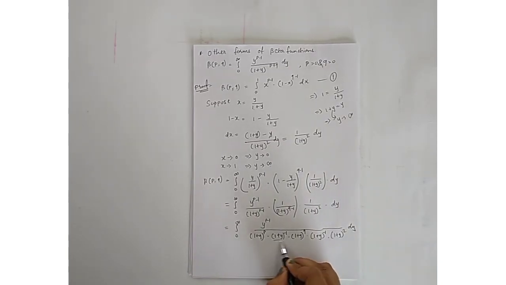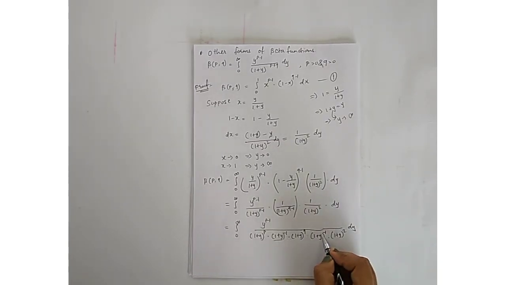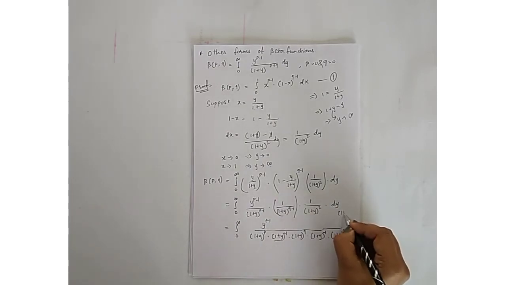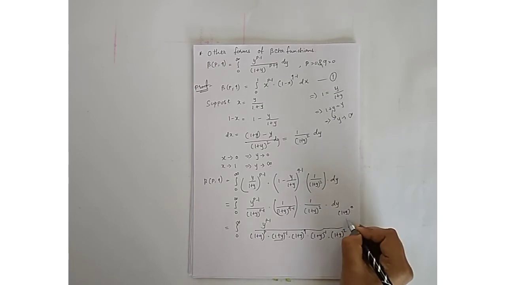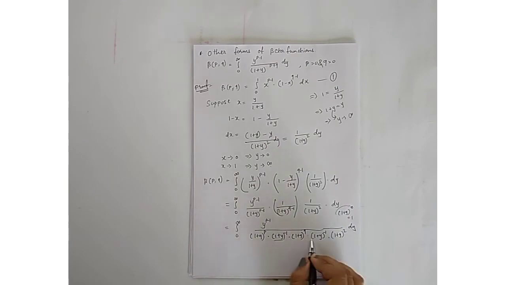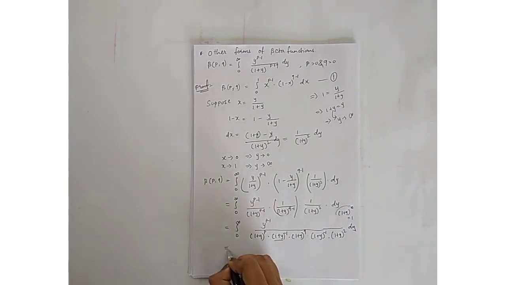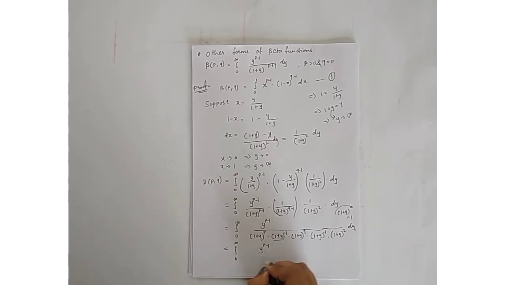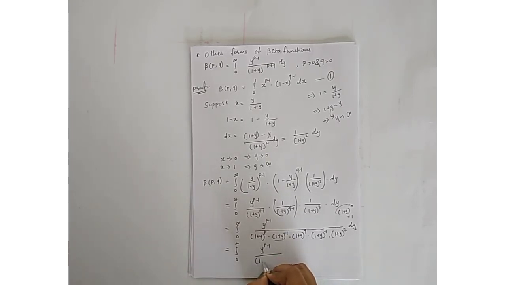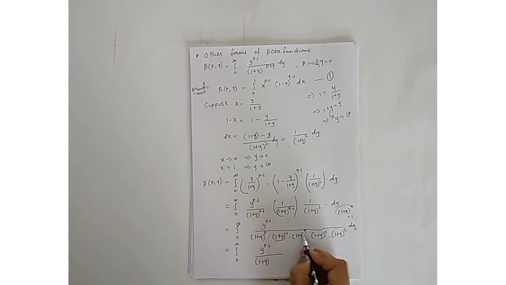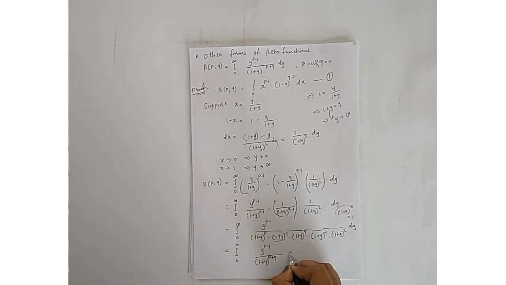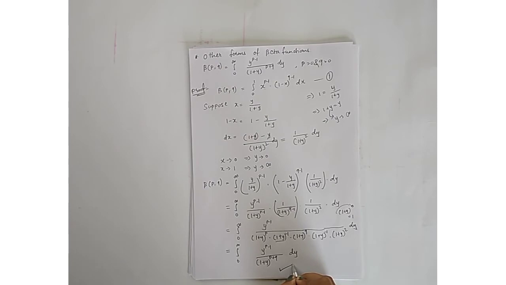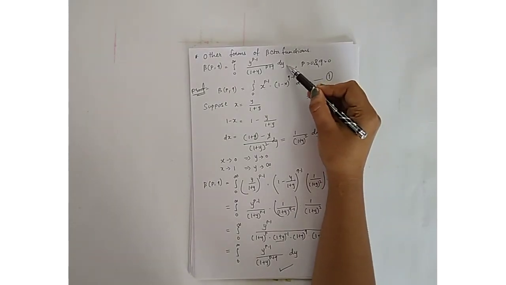Here the powers of (1 plus y) combine to (1 plus y) to the power 0, and anything to the power 0 becomes 1, so the remaining term is y to the power p minus 1 upon (1 plus y) to the power p plus q into dy. This is another form of beta function.